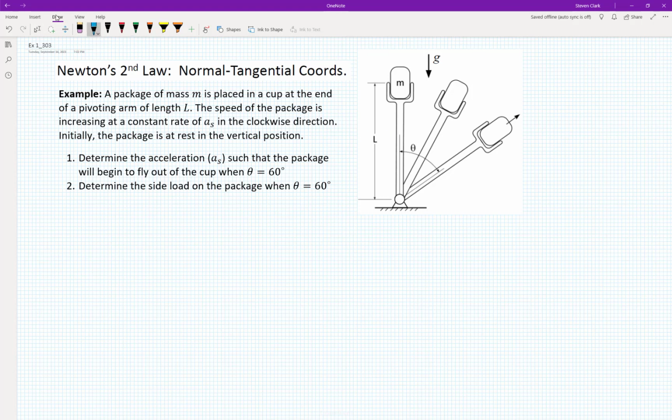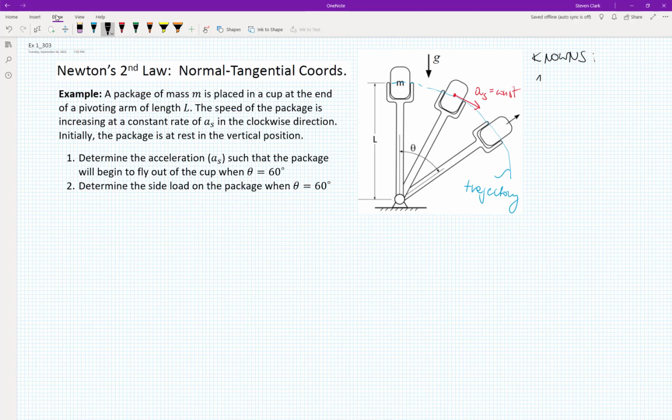And what else do we know? We know that since this is our trajectory, our acceleration that is tangent to the trajectory is constant. So this is AS and this is constant. Okay, so let's summarize.